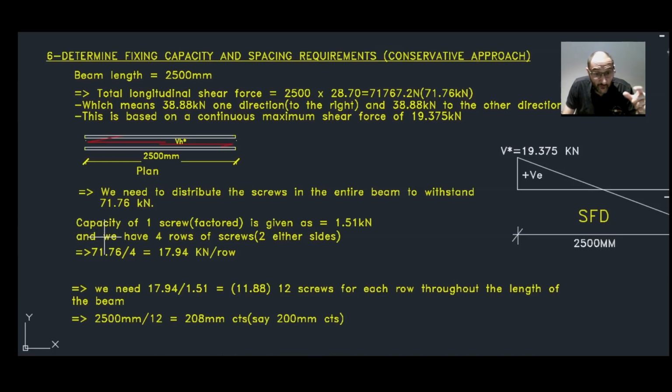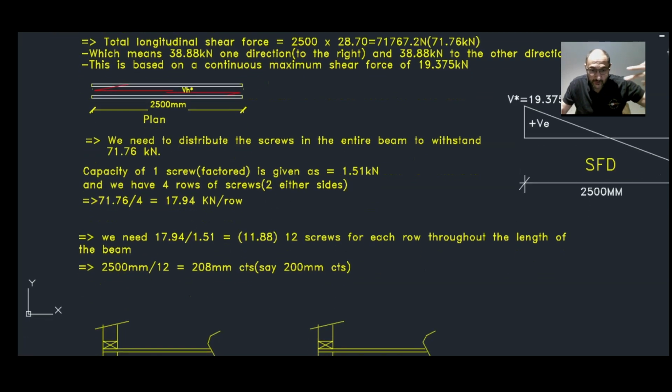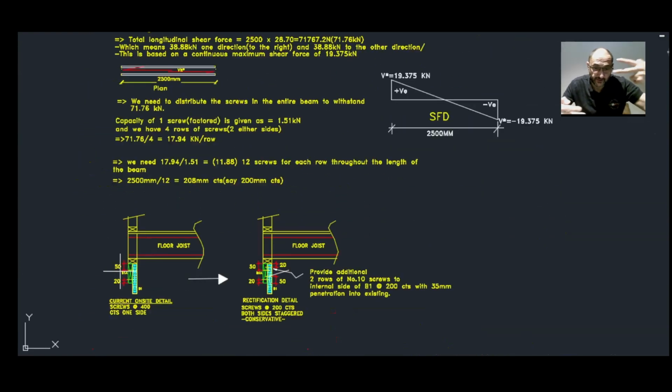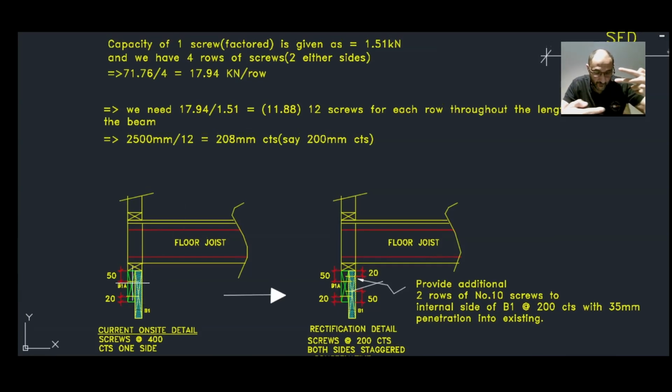Now the capacity of one screw was given to us as 1.51 kilonewton, and we are proposing 4 rows in this case. So two rows on either side. There are 2 rows existing already from the outside, so we want to put another 2 from the inside.